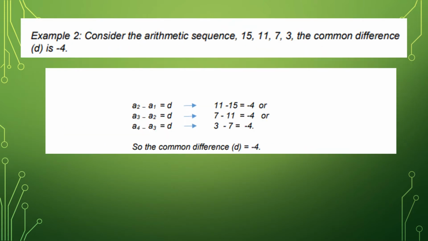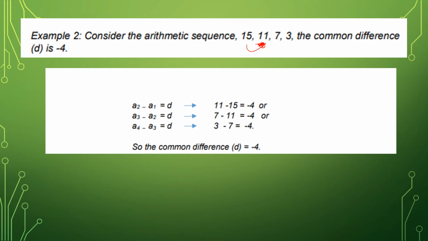Consider the arithmetic sequence 15, 11, 7, and 3 and find the common difference. We can get the common difference by subtracting the preceding term from the succeeding term. Say for example, we have here 11. We can subtract 15 from 11, so that is 11 minus 15.